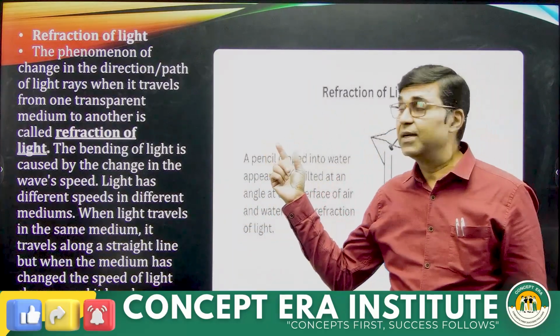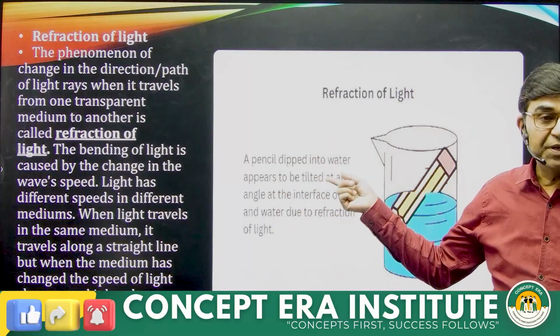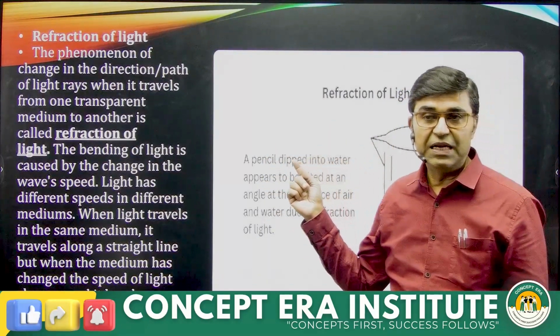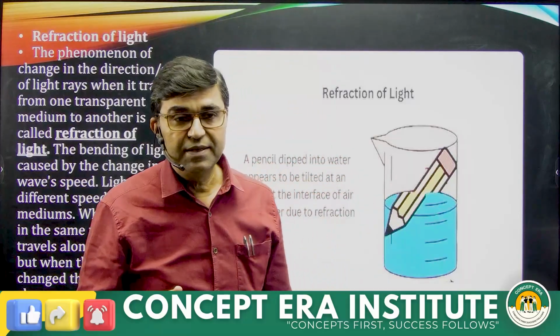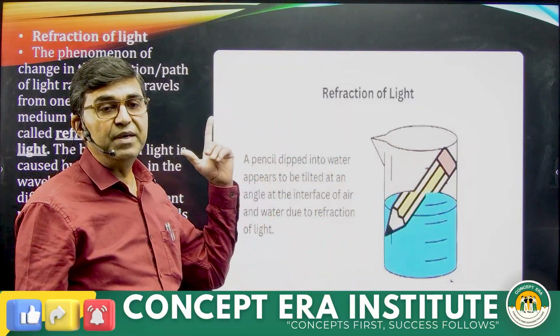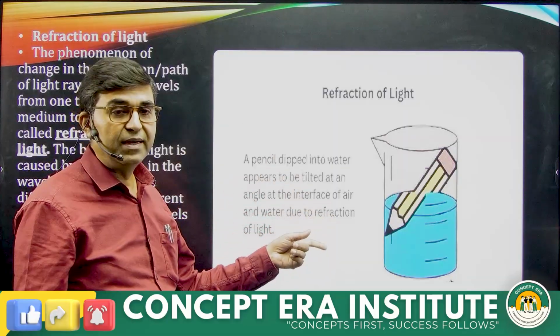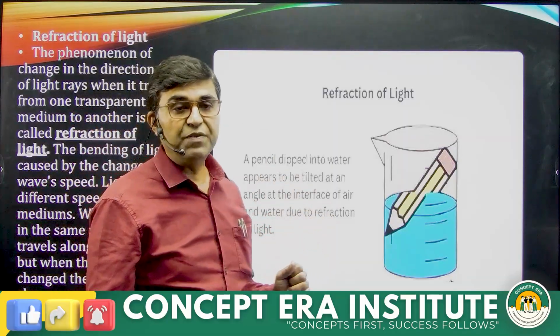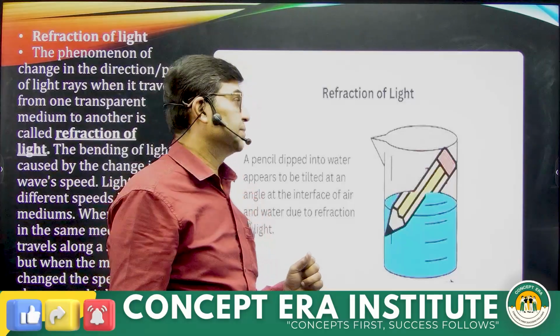As a result, the speed of light in that particular medium is affected. If the medium is optically denser, the speed of light will decrease. Otherwise, it will remain the same as in air, that is 3 into 10 to power 8 meters per second.